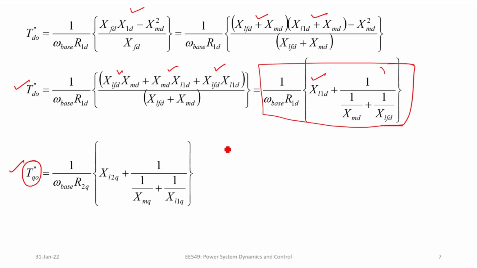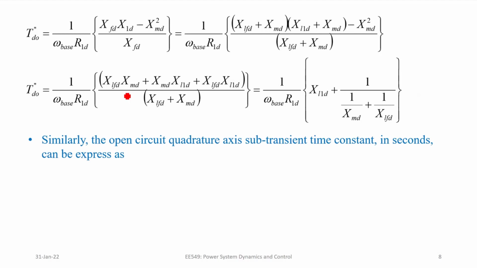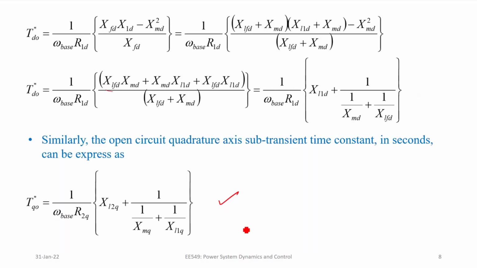So this is how we derived the open circuit subtransient d-axis and q-axis time constants, right? So this is your subtransient time constants. Similarly, the open circuit quadrature axis subtransient time constant in seconds can be expressed as this. Okay, this is what we have seen, right?